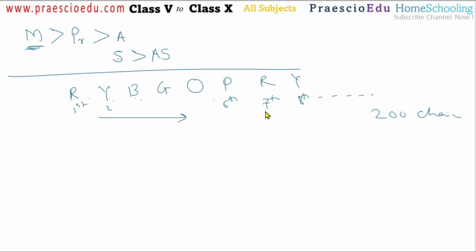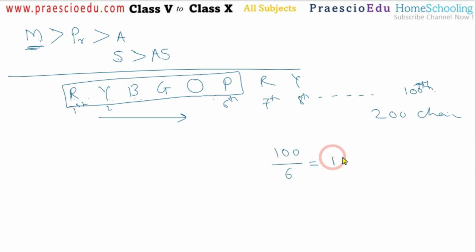The chair of which color will occur at the 100th place? We have to find out the color of the 100th chair. These colors are six in quantity, so we have to divide 100 by 6.